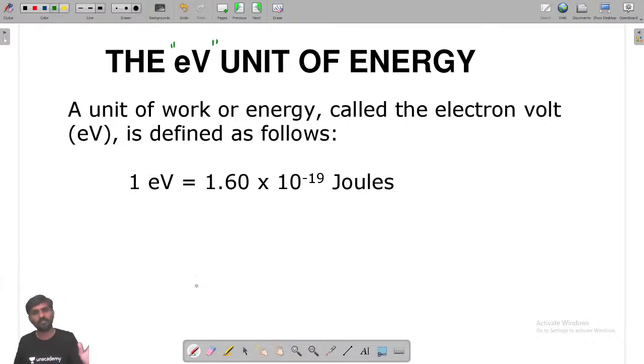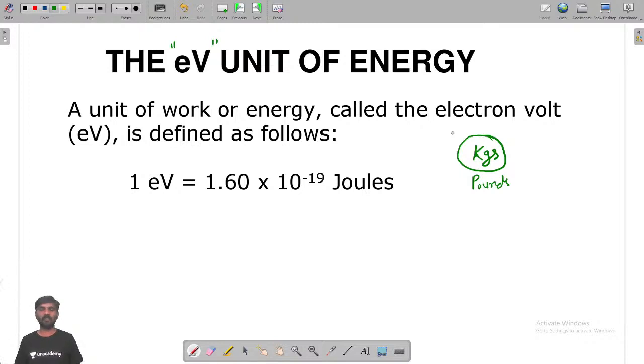Now we will discuss something which is quite normal. How will you measure the weight of a human being? Somebody says, sir, in kgs, or somebody says pounds. Kgs you use to measure the weight of a human being.